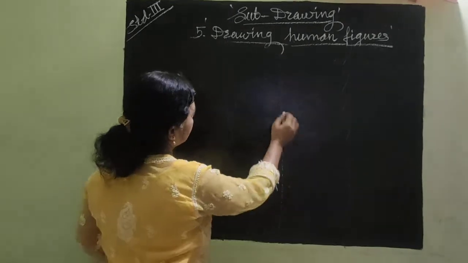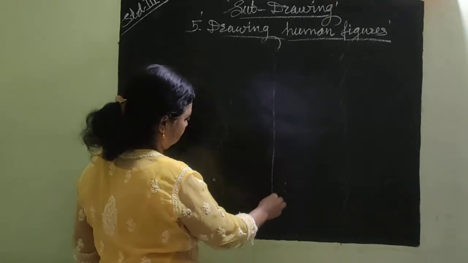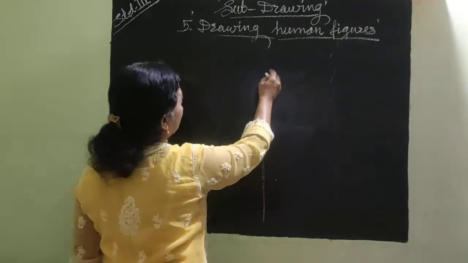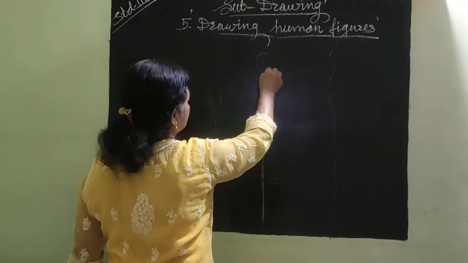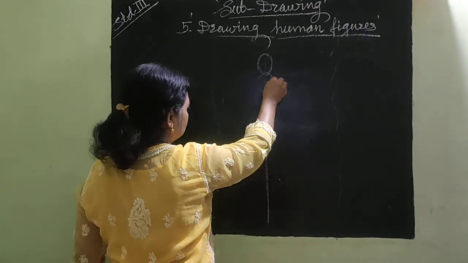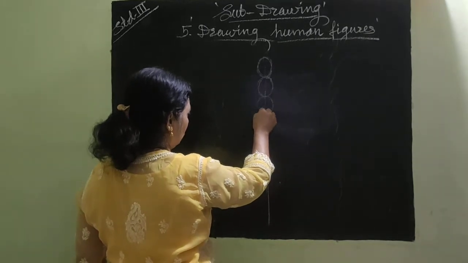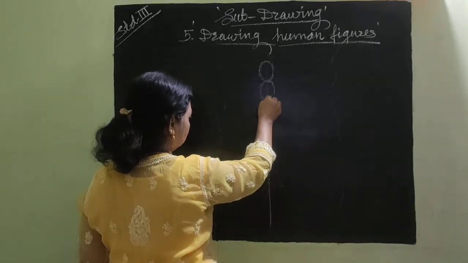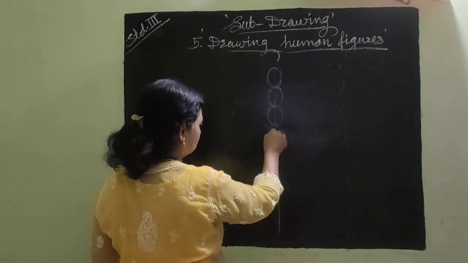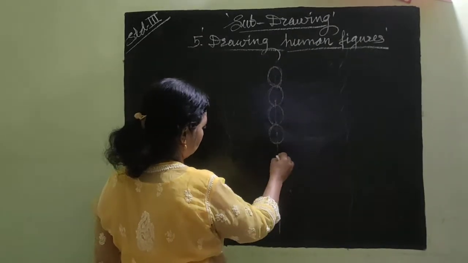This is a straight line and standing. One head I draw here, then second one, then third one. All heads are the same in length. Wait. One, two, three, four. Okay.